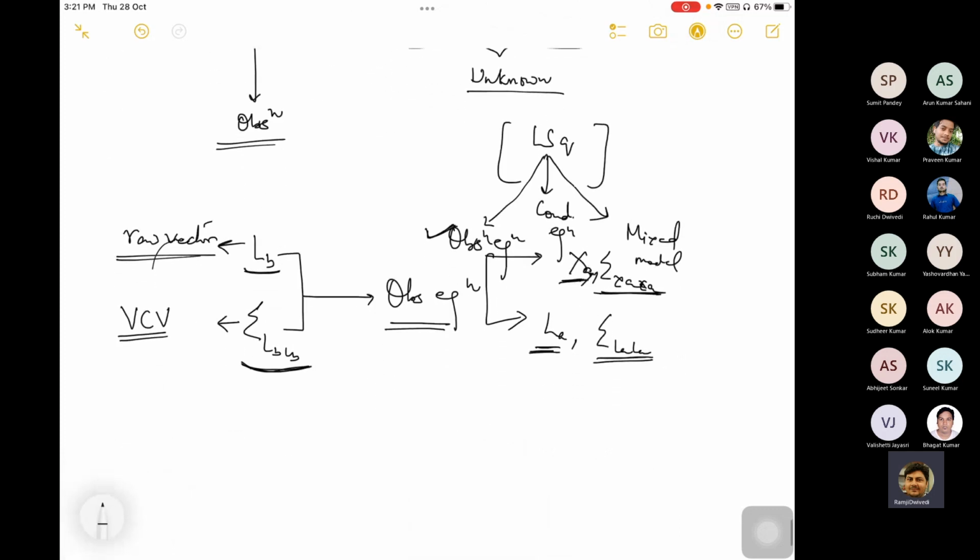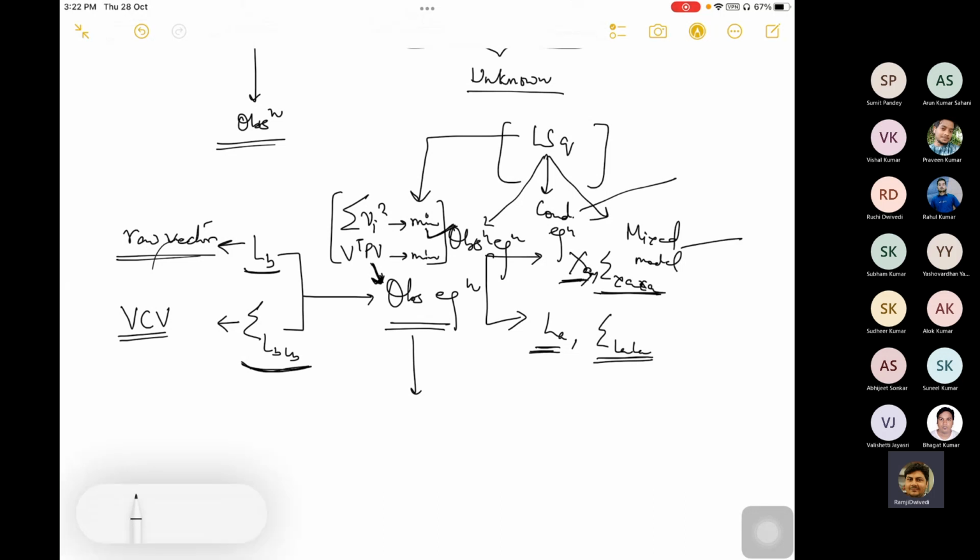And this observation equation, again, the least square solution has only one basis, which is that the summation of squares of the residuals is to be minimum. In matrix form, it is VTPV that is to be minimum. That's it. We do not have any other function that would be the basis of your observation equation, condition equation, or mixed model.